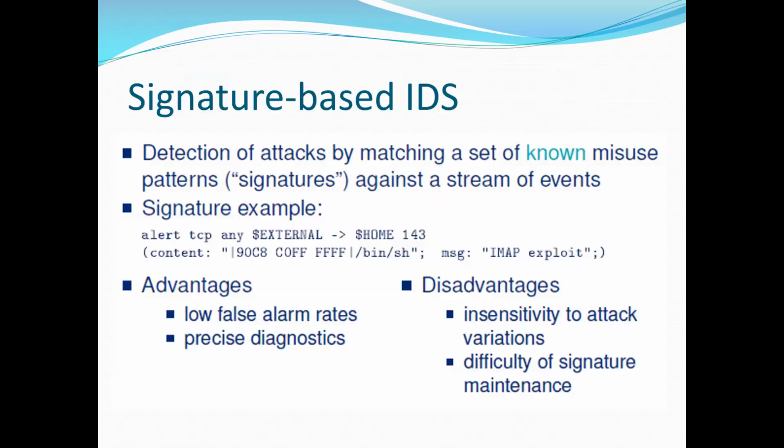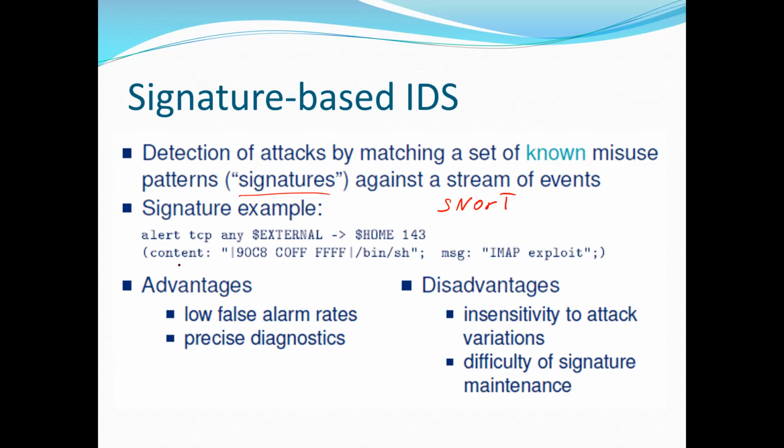So when we talk about signature-based IDS, we're talking about detection of attacks by matching a set of known misuse patterns, the signatures, against a stream of events, something that is happening in your network. The example of this is taken directly from Snort. So this is a signature.